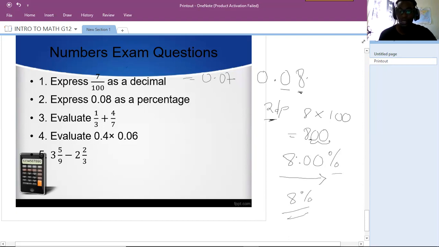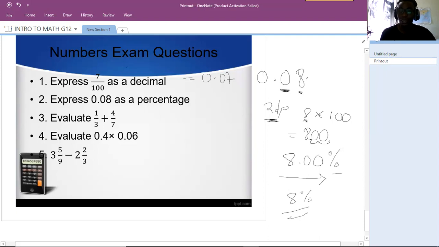So how did we do that? We just multiply to convert a decimal number into a percentage. You just get that decimal and multiply it by 100, making sure that you count the number of decimal places. So this is 0.08. Step 1, it has got 2 decimal places. Since it has got 2 decimal places, we can now write it as a whole number as 8.